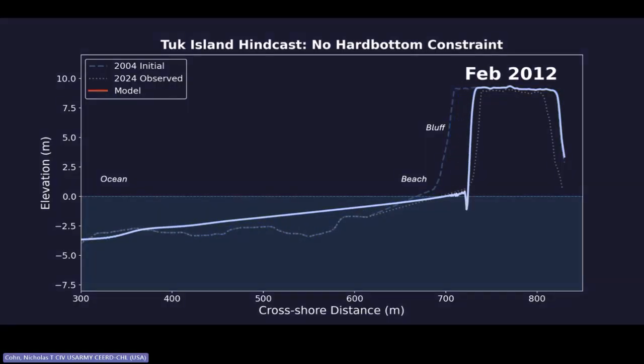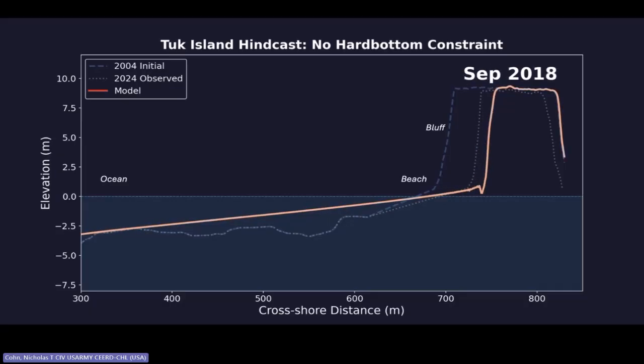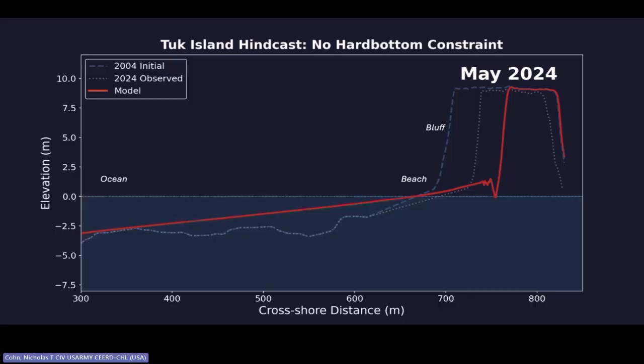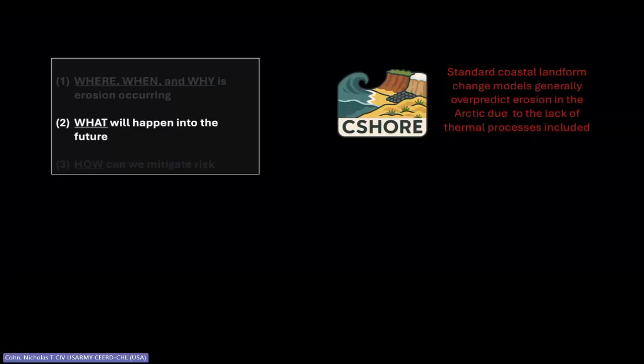If we run Seashore without any thermal controls whatsoever, what we start seeing is that the model overpredicts the amount of erosion. This probably isn't too surprising for anybody here; let's say we overpredicted the erosion by 50%. So out of the box, our morphological tools don't do a perfect job of recreating the past.